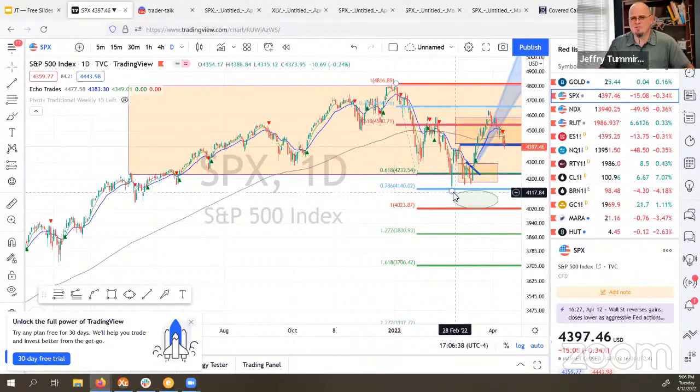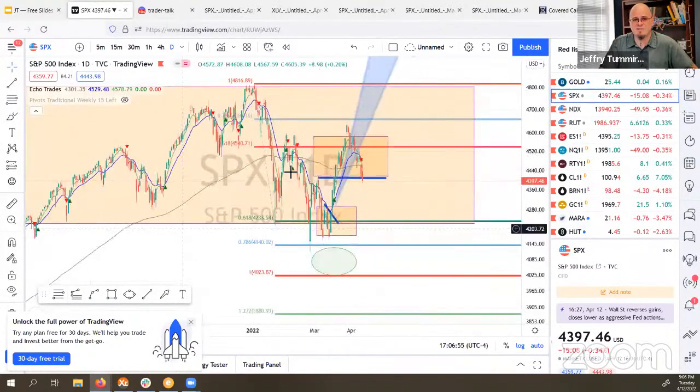We bottomed out the first day of the war in Ukraine, which was the low, and then we made a pop up, and then tried to revisit the low, made a higher low, and then we've just been consolidating sideways since then.